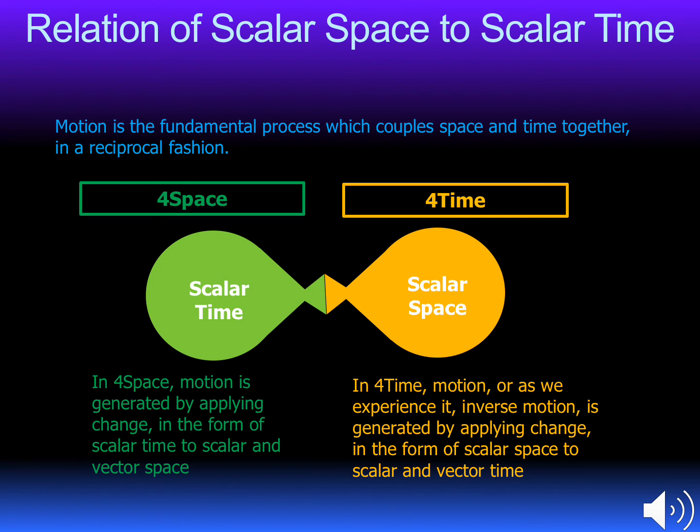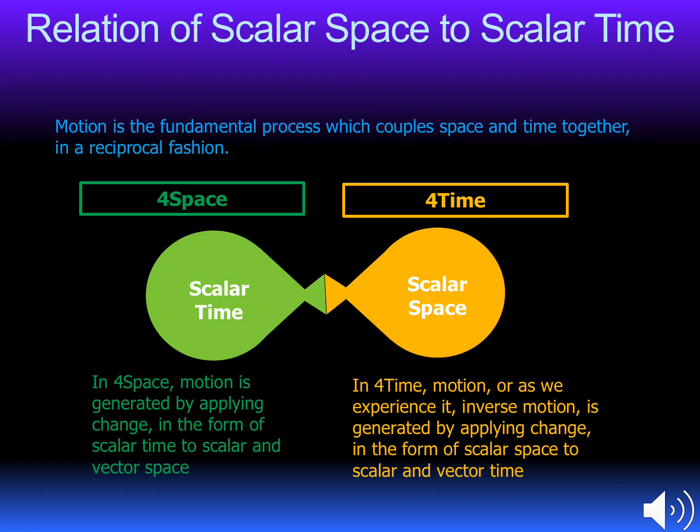So we go back to the relation of scalar space to scalar time. And we established that motion is the fundamental process which defines the relationship of space and time in this reciprocal fashion. So on the left-hand side, we have our familiar 4 space, and we have scalar time. And on the right-hand side, in orange, we have the alternative universe, 4 time, with its scalar space.